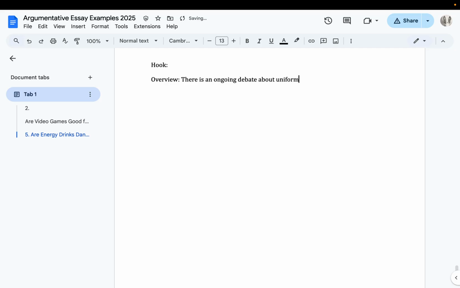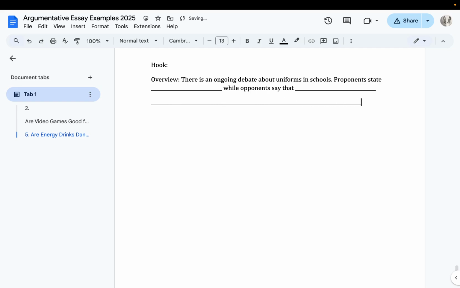About uniforms in school, period. Proponents state whatever they state, while opponents say that. So if you're really struggling with the overview, this is the easiest way to do it. Okay, just state what the argument is about, and then the 2 sides. This is the easiest one to do for overview.